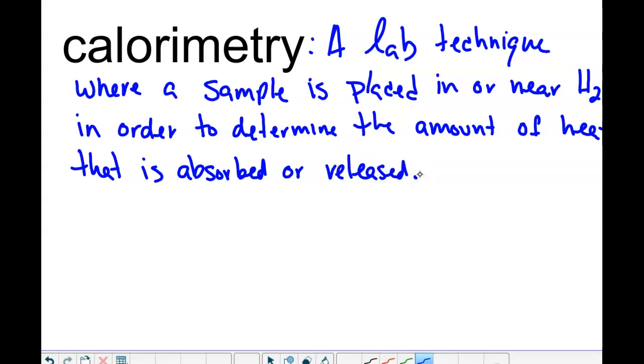We're going to use one of the heat equations from Table T in order to solve problems that have to do with calorimetry. Whenever you have calorimetry, you're always going to have a change in temperature.